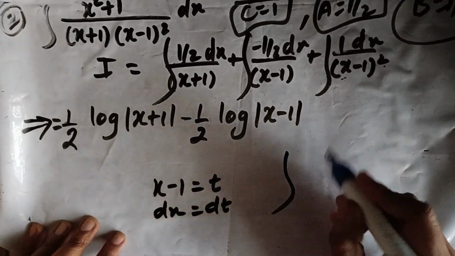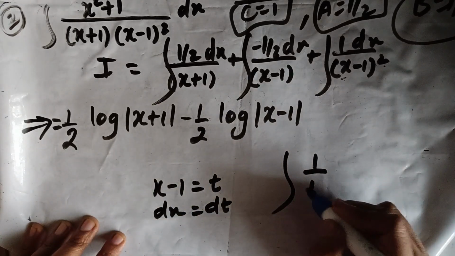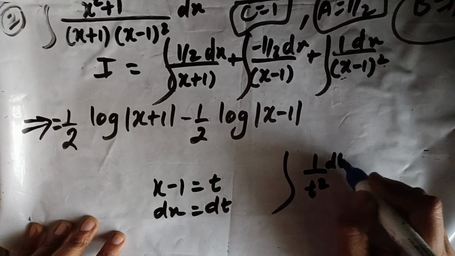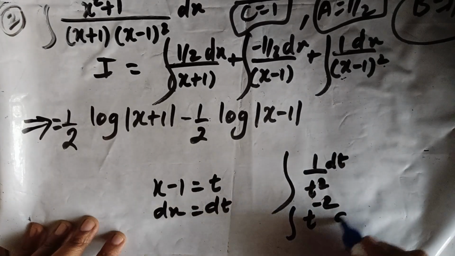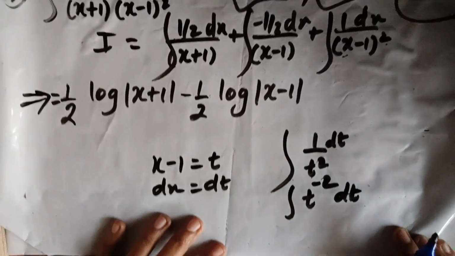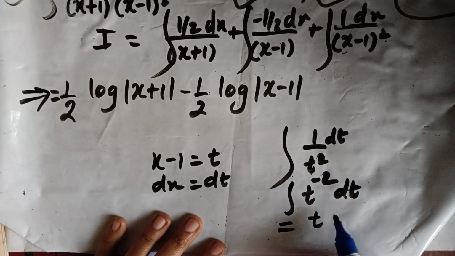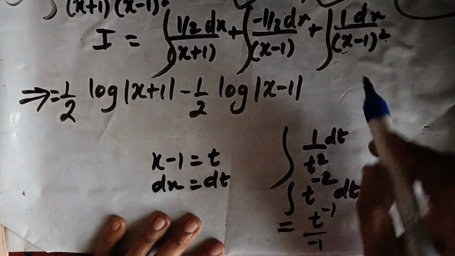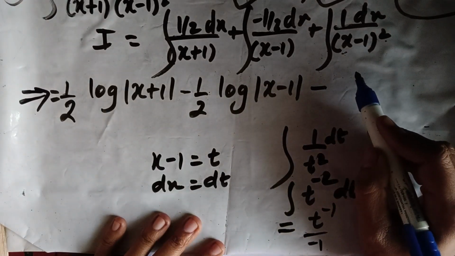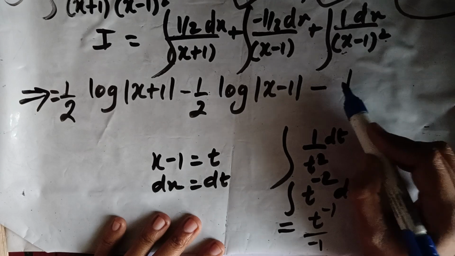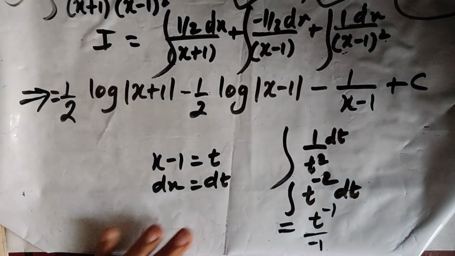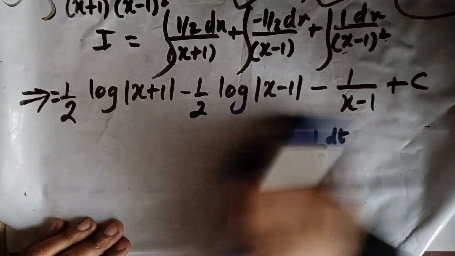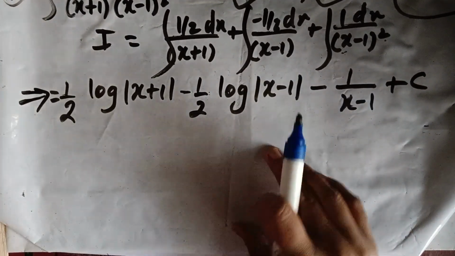If I substitute it here, 1 upon t square dt. T square means t raised to minus 2 dt. So we'll get minus 2 plus 1 is minus 1, upon minus 1, so minus 1 upon t. So this becomes 1 upon x minus 1 plus C. So this is the final answer.